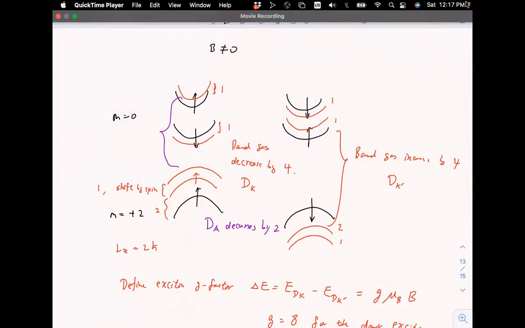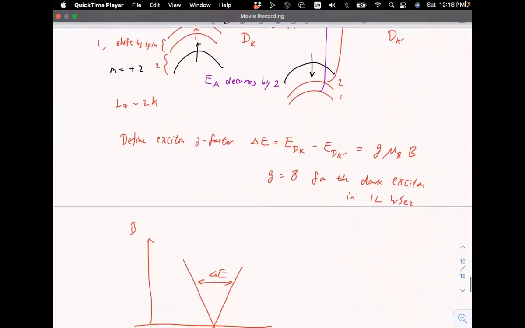So here is this one, to here. So the energy of the A exciton increases by 2.